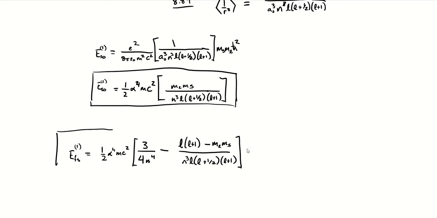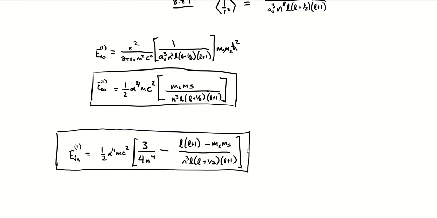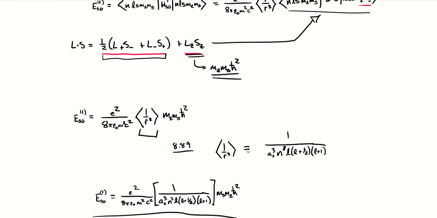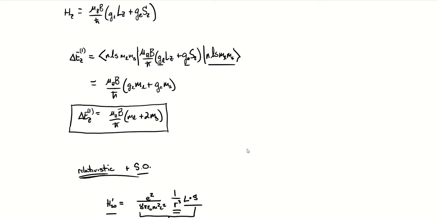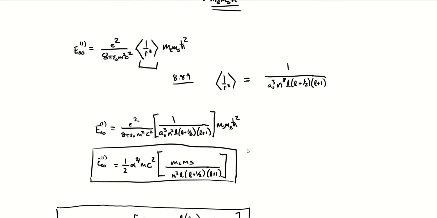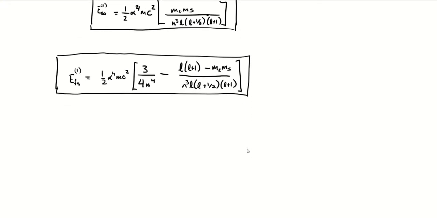And this is the energy correction due to the fine structure term in the high field limit. So again, putting this together, we have the correction due to the Zeeman term in the high field limit, and then we perturb that case with the fine structure term, which gives us this correction. Putting them both together, we get the full shift in a high external magnetic field.